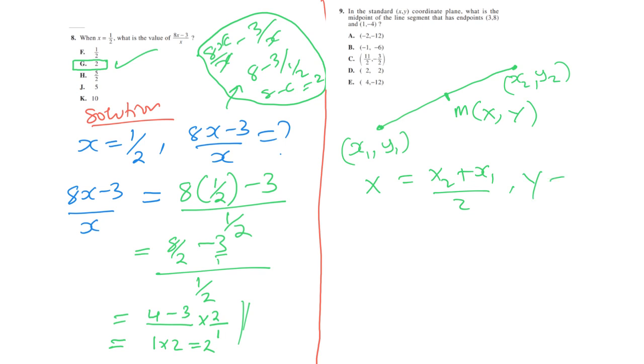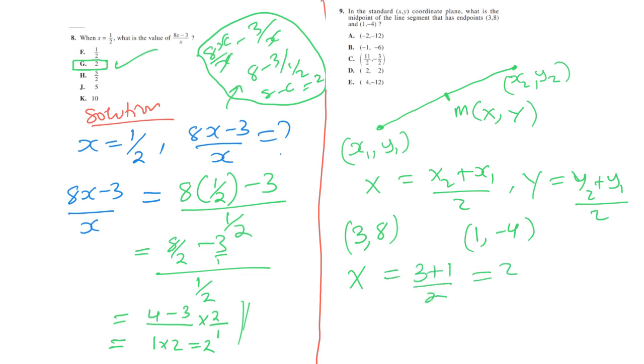Same happens to y: y2 plus y1 over 2. Now you have been given two endpoints, one is (3, 8) and the other is (1, -4). So capital X will be 3 plus 1 over 2, which is equal to 2.